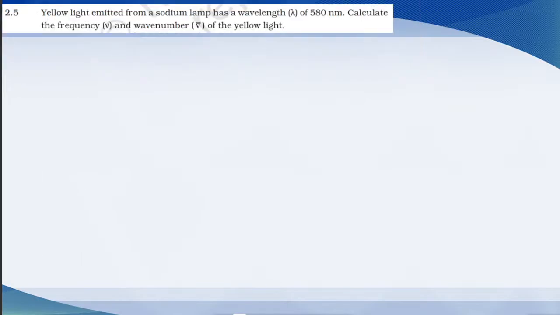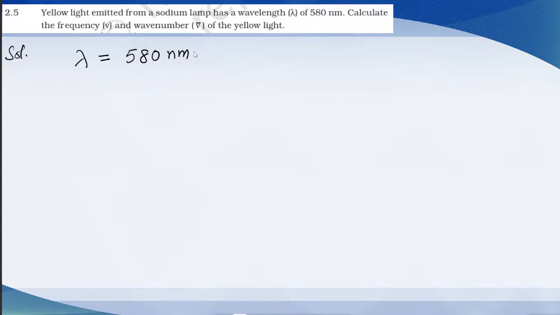Next is: yellow light emitted from a sodium lamp has a wavelength of 580 nanometer. So see, wavelength is given to you. What is given, beta? Wavelength. Yellow light emitted from a sodium lamp, its wavelength is given to us, that is 580 nanometer.